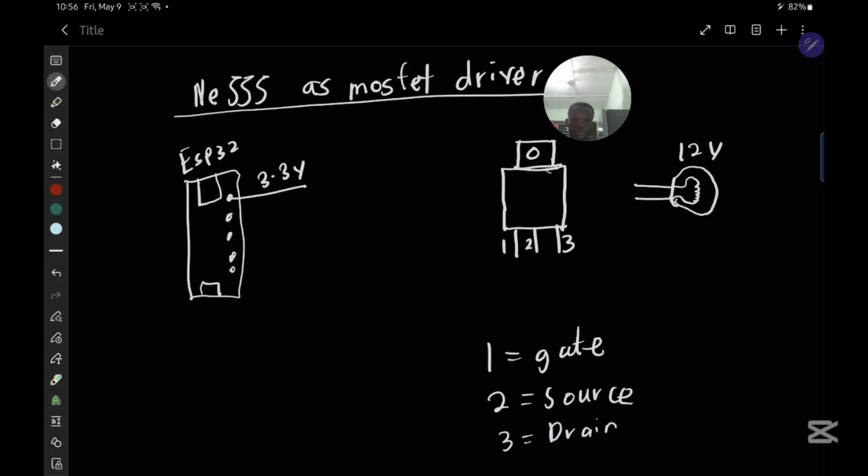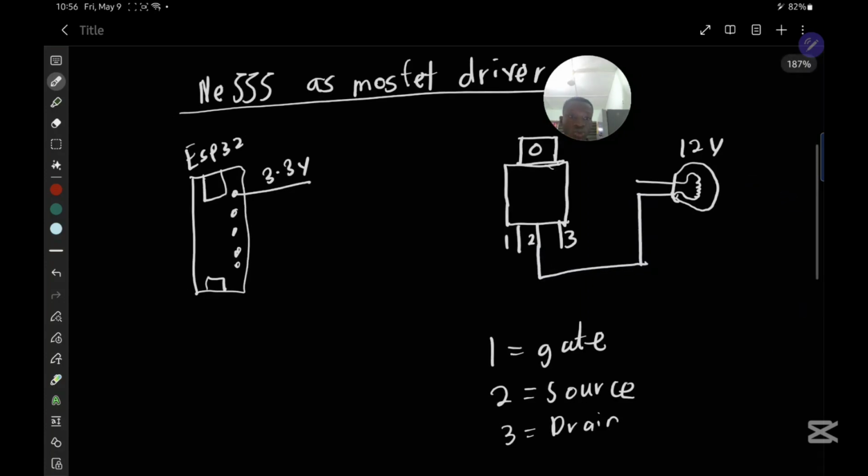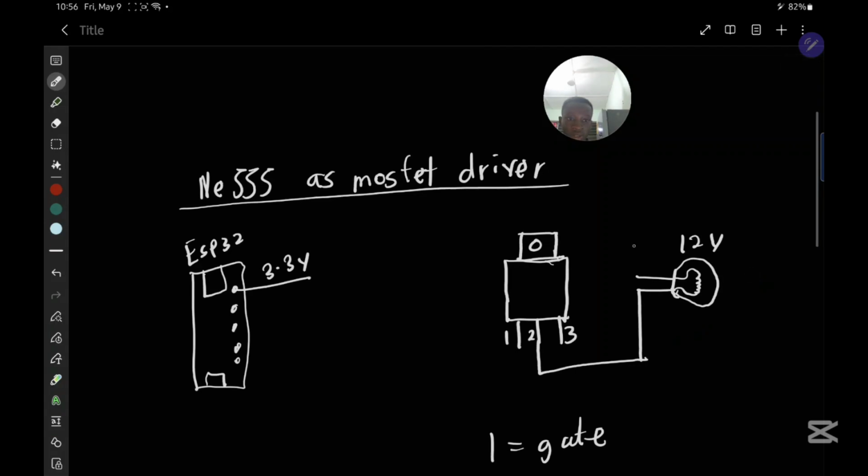Okay, now this MOSFET should be able to switch on this load. So at the source, we connect one end to the load, and then one end of the load to our 12 volts, and then here our 12 volts bulb could be switched.